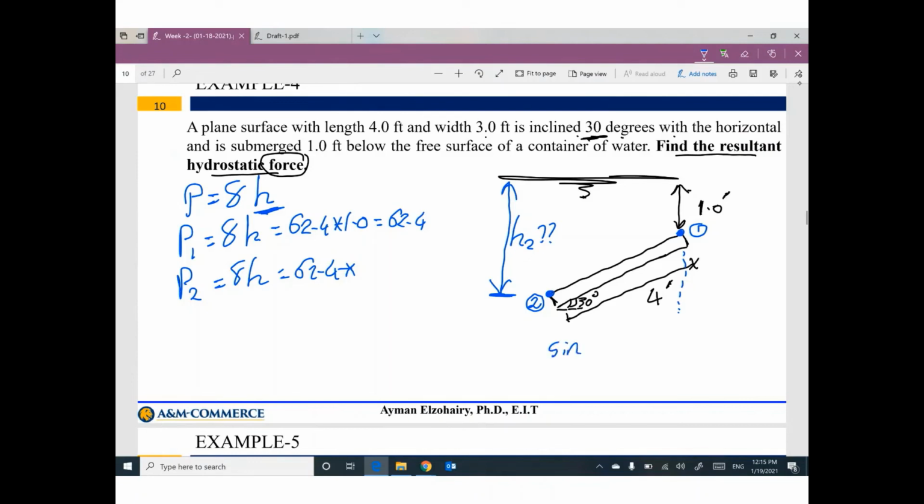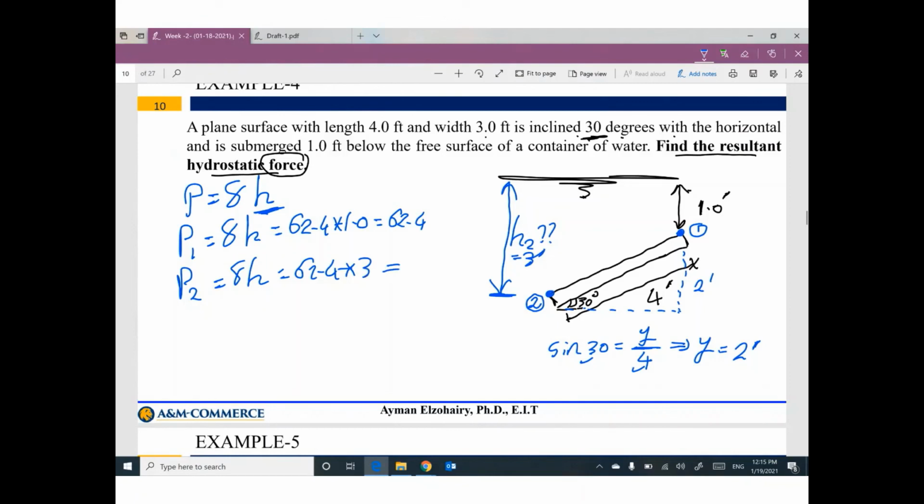Sine 30 in this right angle triangle, sine 30 is the opposite divided by the hypotenuse, which is 4. This one is known, this one is known. I can figure out the vertical distance y. This vertical distance will be 2 feet. So this one is 2 feet. So the vertical distance H2 equals 3 feet.